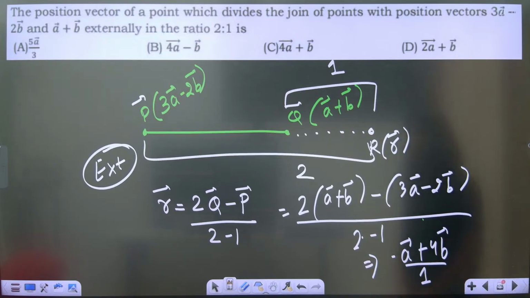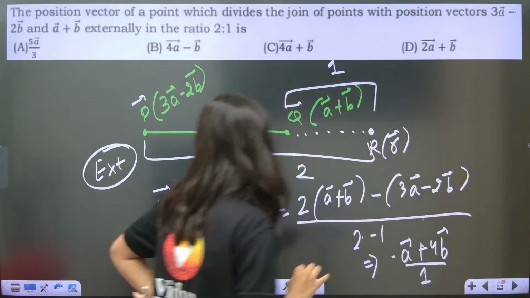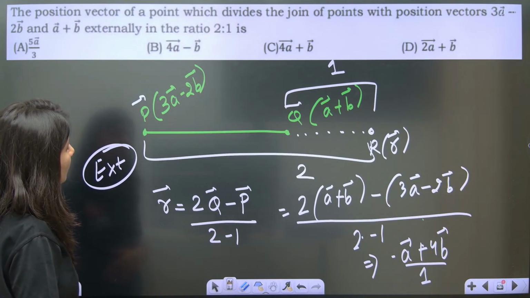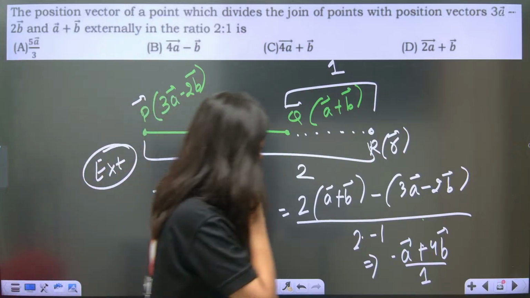So 2A minus 3A is what? It should be 4B minus A only.